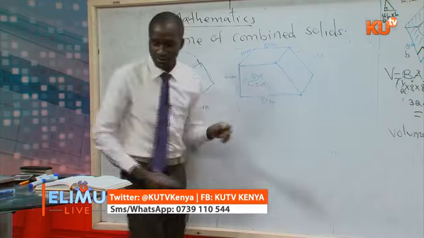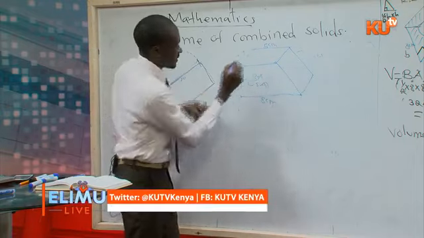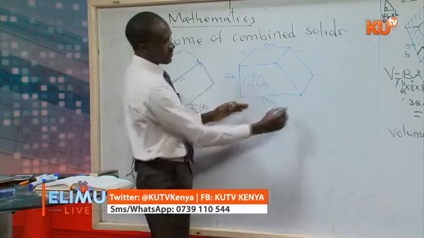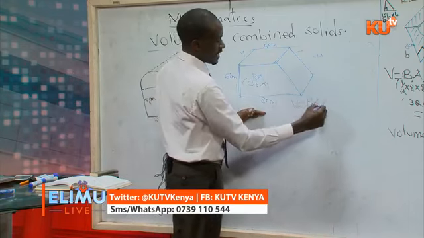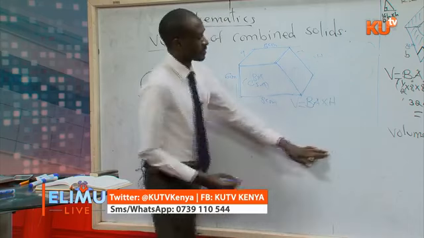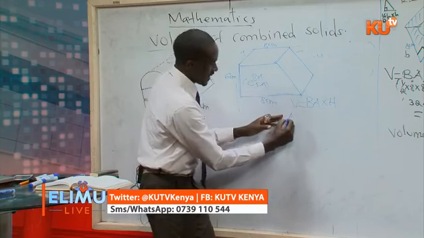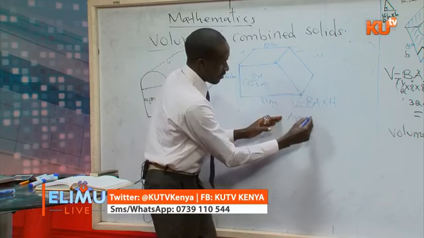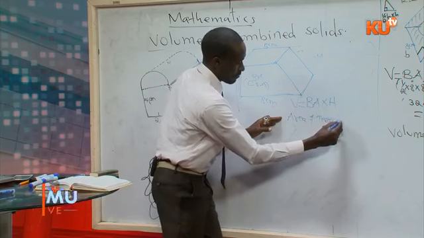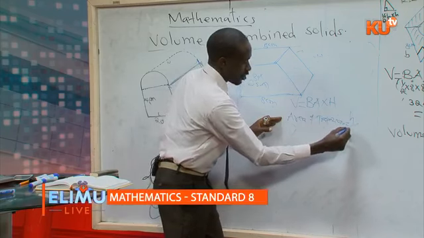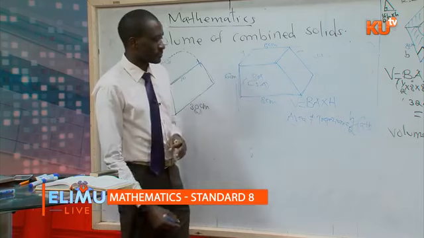Here was 9, not 10. Now, we say volume is base area times height. One by one, base area is trapezium. Area of trapezium is equal to h over 2 into a plus b.